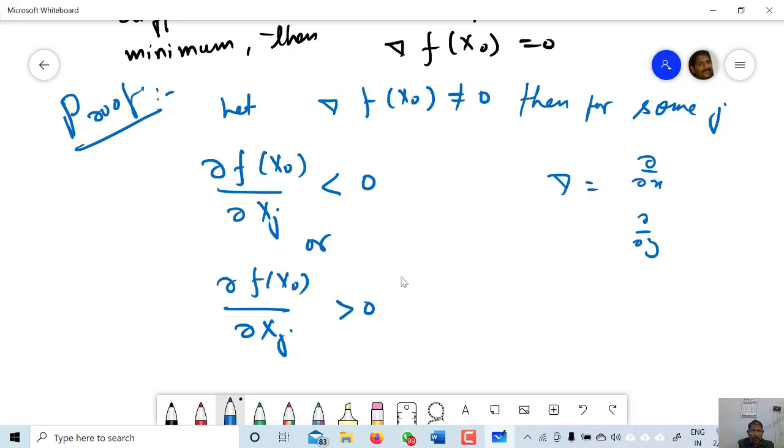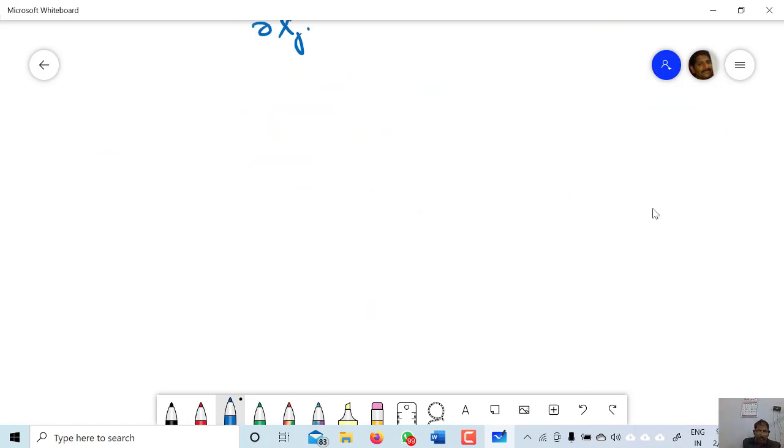So if we take the first case, then by multiplying with a variable dj, dj multiplied by delta f of x0 upon delta xj is less than or equal to 0.